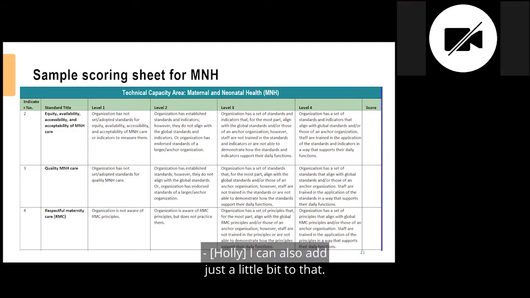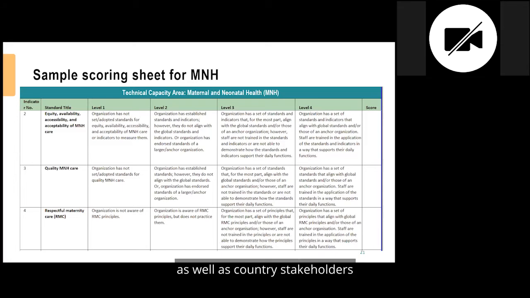I can also add just a little bit to that. Momentum's role through Momentum Country and Global Leadership is to engage with the various national maternal newborn health technical working groups, as well as country stakeholders, in order to assist in planning and course correcting and driving action that's powered by data.